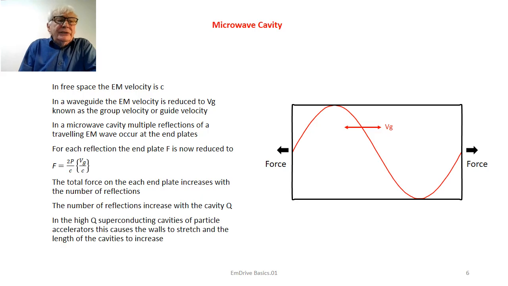So we can see that there is potential here for very large forces to be generated. But in the accelerator cavities, because the cavities are symmetrical, the cavities won't actually move, they will simply stretch.